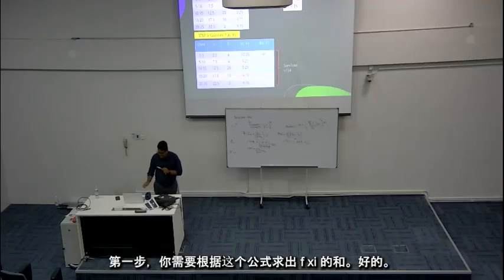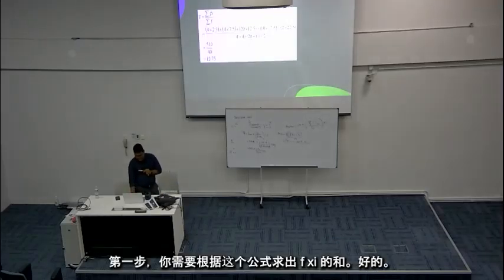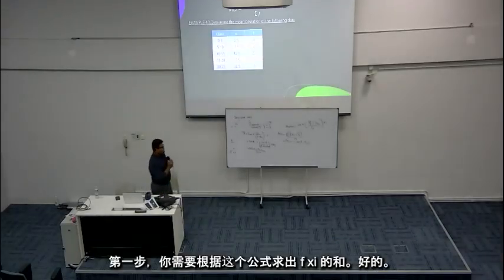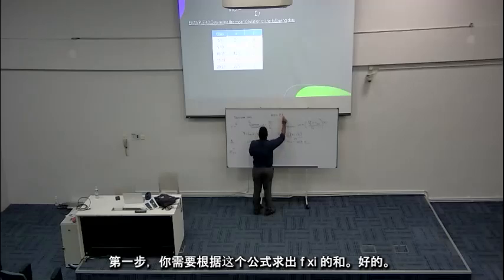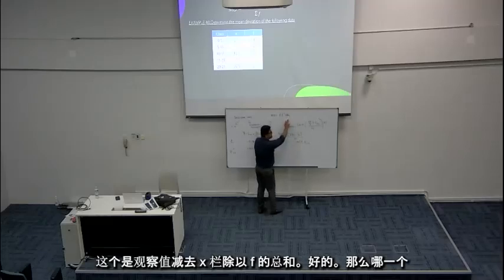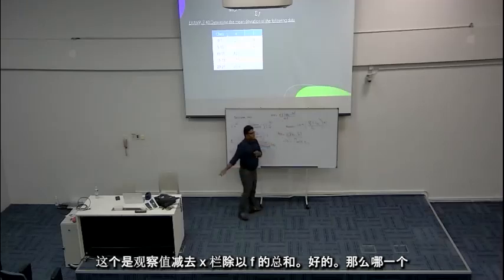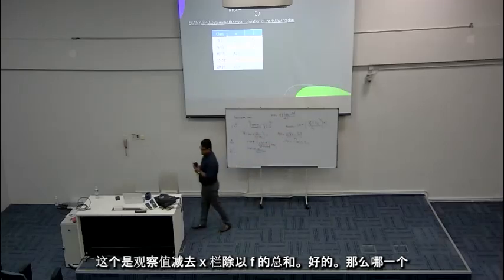The first step, based on this formula, is the summation of F times the absolute value of Xi, the observation, minus X bar, divided by the summation of F. So which one to start first?